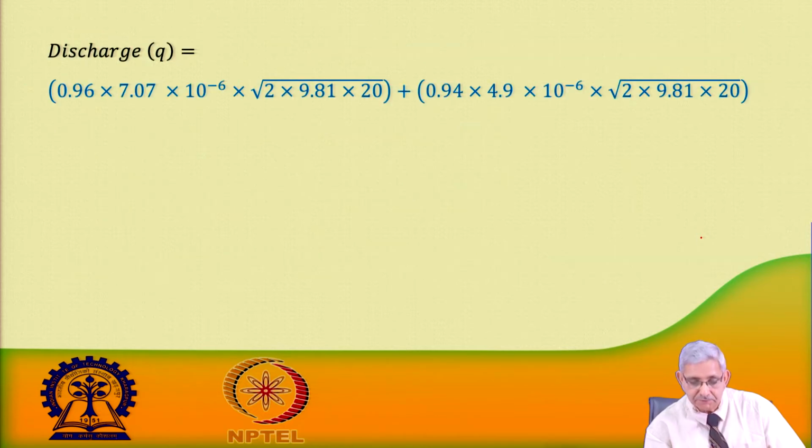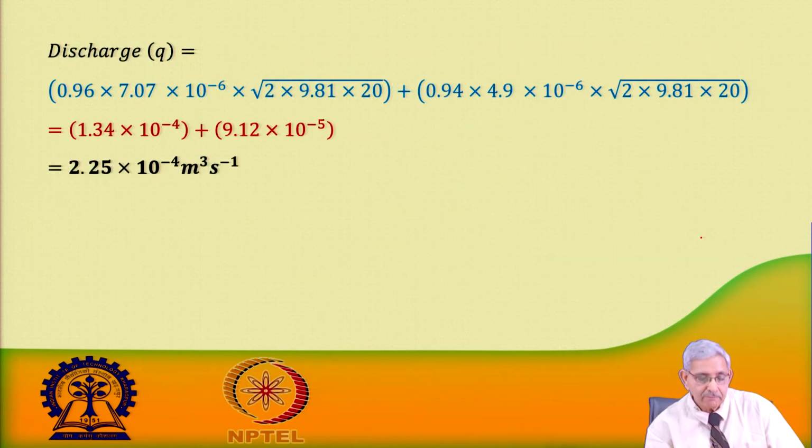So, after substituting these values, we get the total discharge.